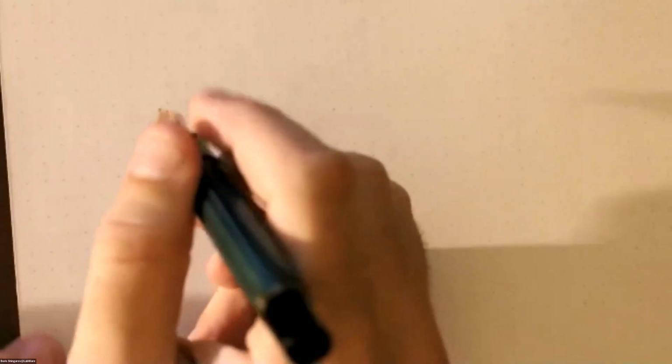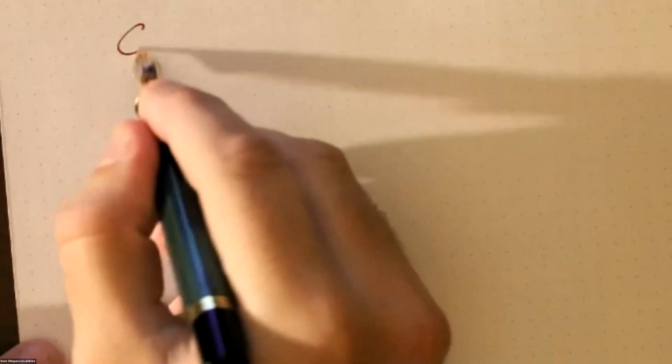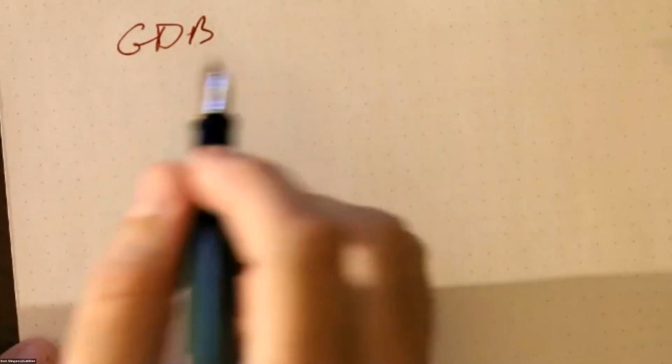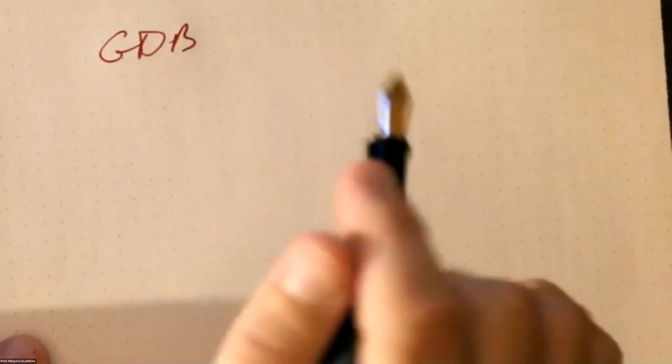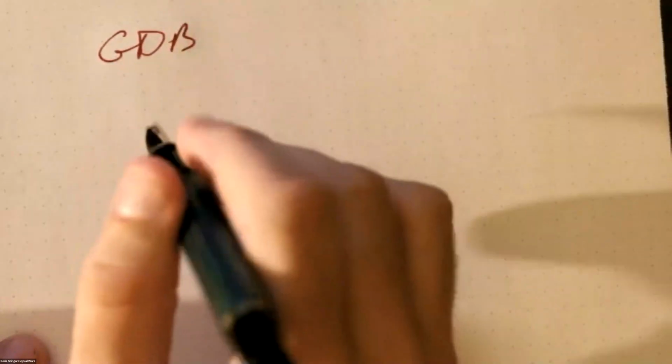So I'm gonna switch to this camera so I can draw things. So here's an external debug circuit. You have GDB on top, and this is your debugger that normally would talk to ptrace through ptrace syscalls.